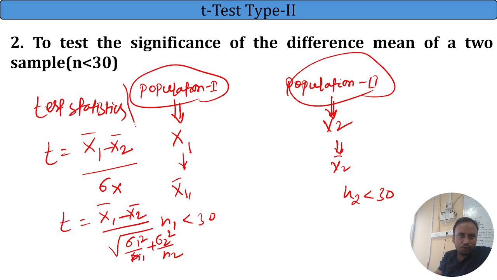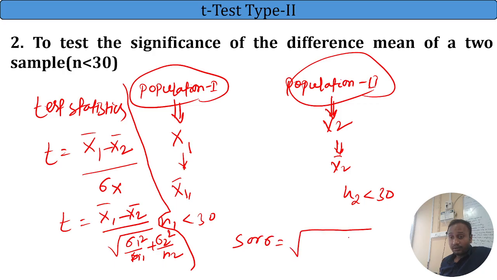If we are not going to take sigma, then it's going to be s. How can we calculate that s, the sigma? For the simple case, it was summation of x minus x bar.